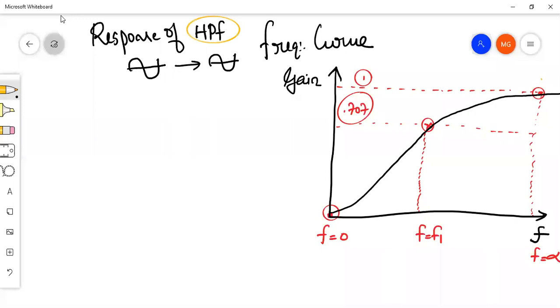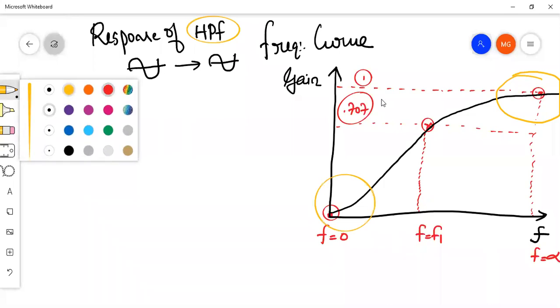Then what will the gain be? At low frequency, gain will be 0. At high frequency, gain will be unity, or the gain will be high. But low frequency it is blocking, so gain is 0. So I need to conclude 2 points.